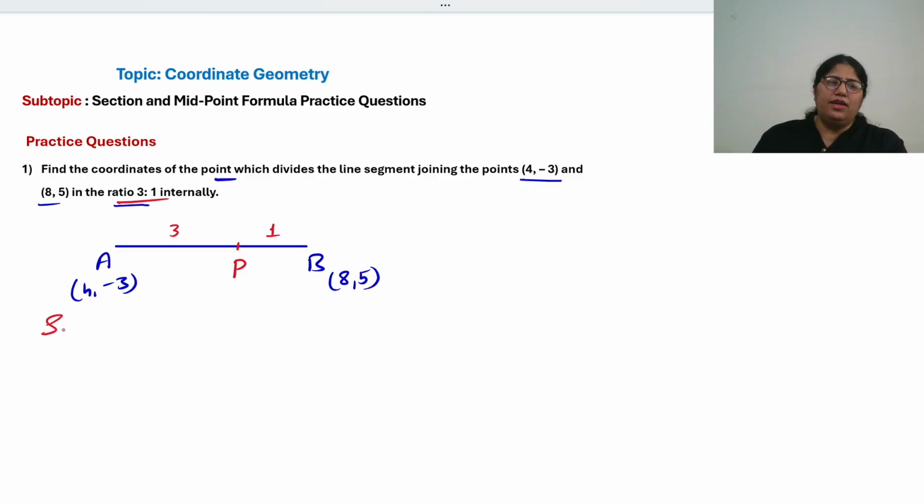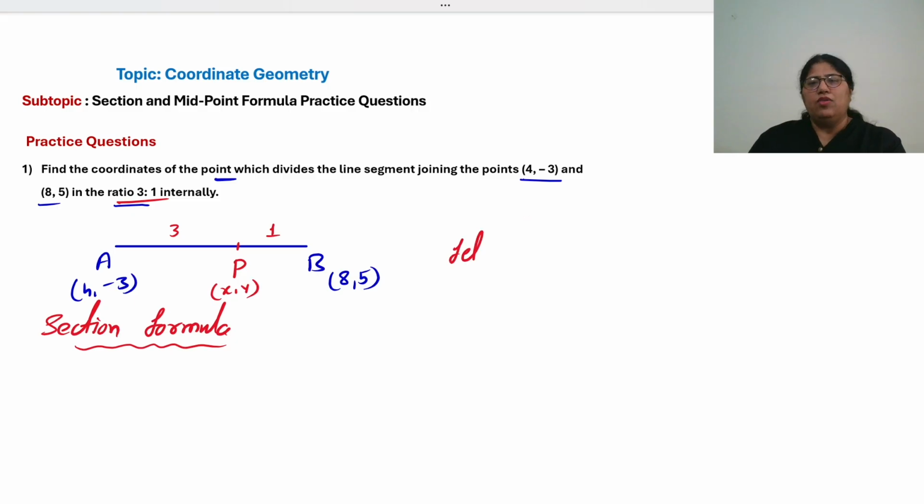So first let us start with the section formula. Section formula we use to find out the coordinates of P. Now what is going to be the coordinates of P? Let P coordinates be (x, y). Now what is the section formula here?